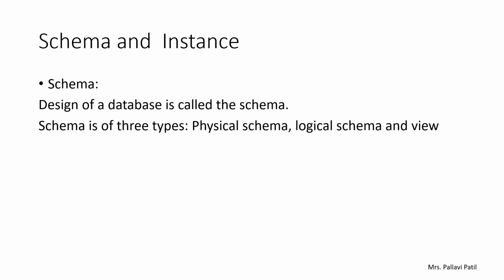This is the actual code or syntax needed to create the structure of the database. So we can say that when we design the database at a physical level, it is called a physical schema.